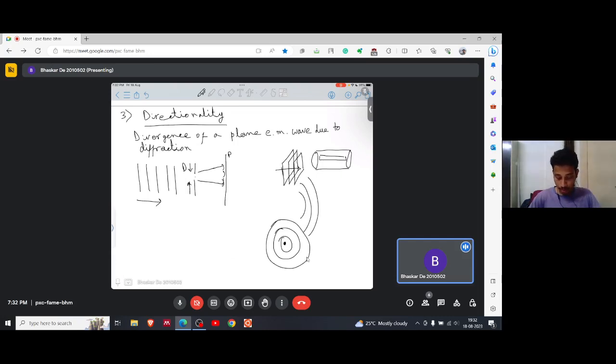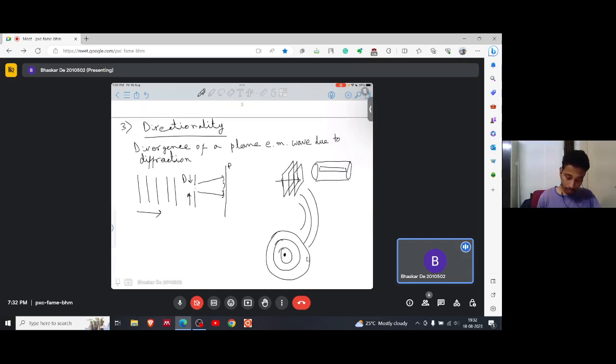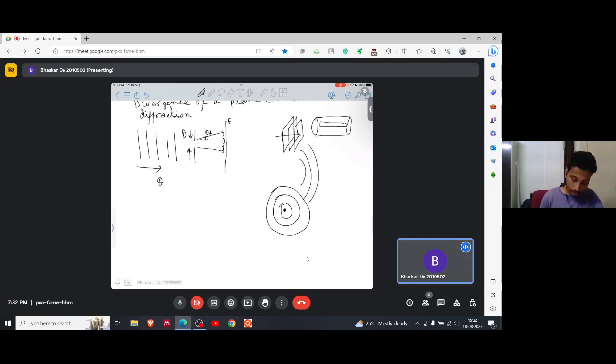So when there is diffraction, we will see this kind of spherical wavefront at the screen, and this is the divergence angle theta d. Now this theta d can be written as b lambda by d.